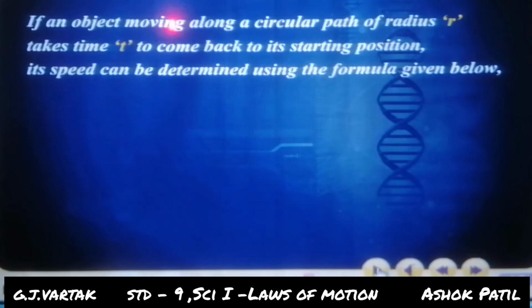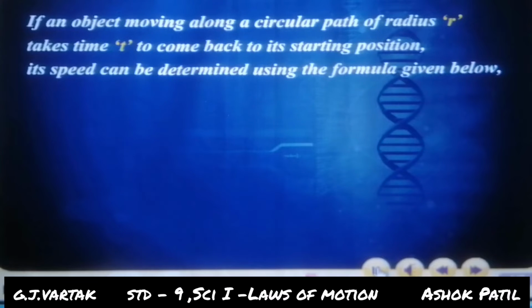If an object moving along a circular path of radius r takes time t to come back to its starting position, its speed can be determined using the formula given below.